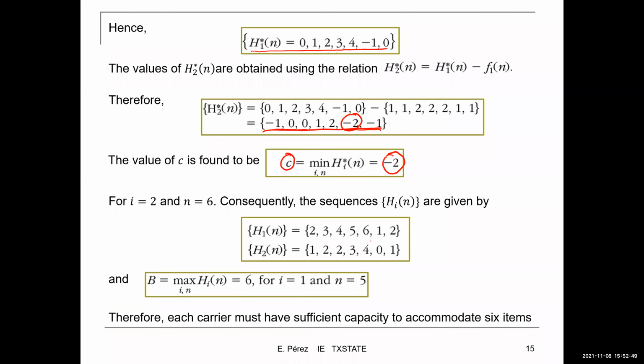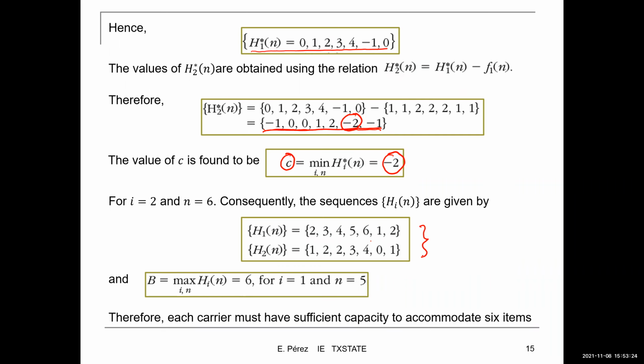So if we go back here, there's going to be 0 minus -2 equals 2. 1 minus -2 equals 3. 2 minus -2 equals 4. 3 minus -2 equals 5, and so on. Then for this one, 1 minus -2 equals 1. 0 minus -2 equals 2. 0 minus -2 equals 2, and so on. So using that number, I'm able to find these two sets.